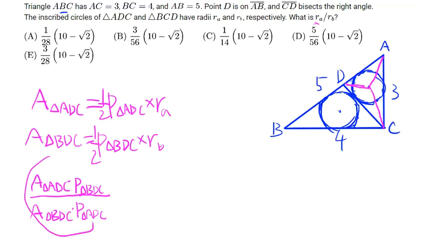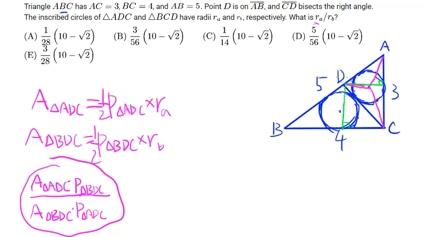Okay, now, how do you get the areas? Now hear me out. Since this is an angle bisector, this is equal to this, right?